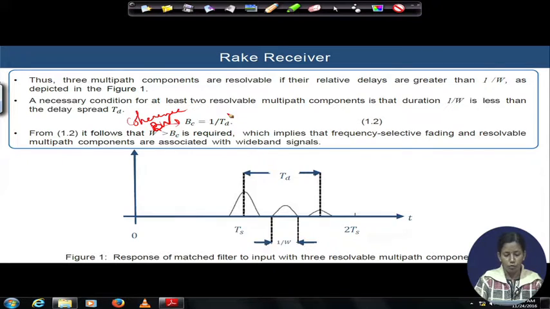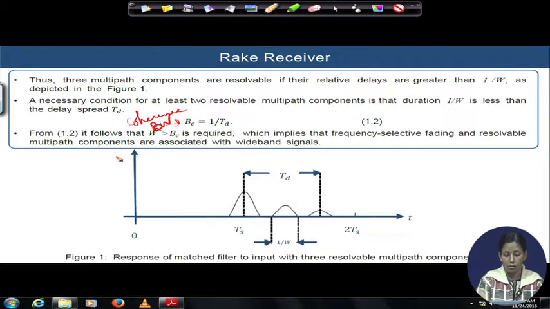It follows from here that if I have a signal bandwidth which is more than the coherence bandwidth of the channel, then frequency selective fading and the resolvable multipath components are both associated with wide band channels and wide band signals.